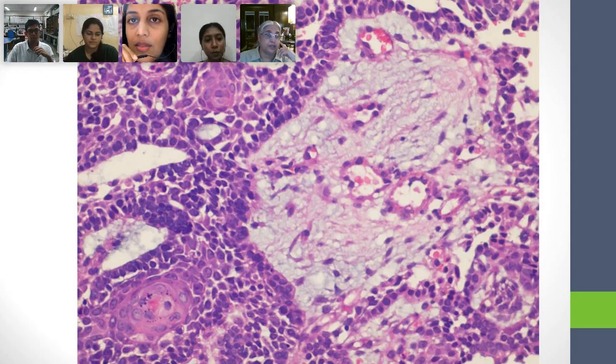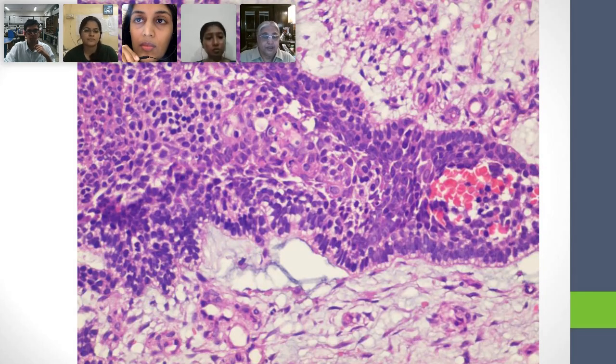The stroma is loose, it is myxoid, and it is vascularized. So what you have here is an epithelium, but what kind of epithelium? Just because it has keratinizing squamous epithelium, that doesn't make it squamous epithelium. Okay? So now we know.